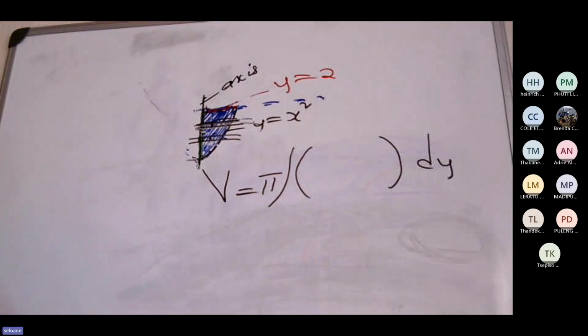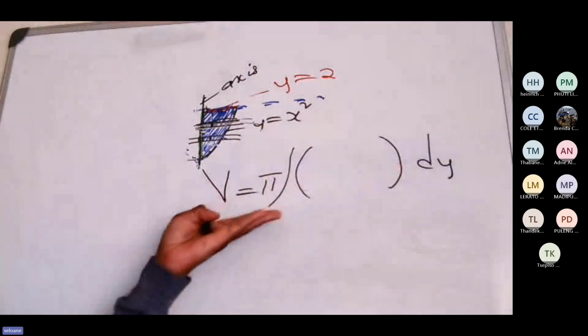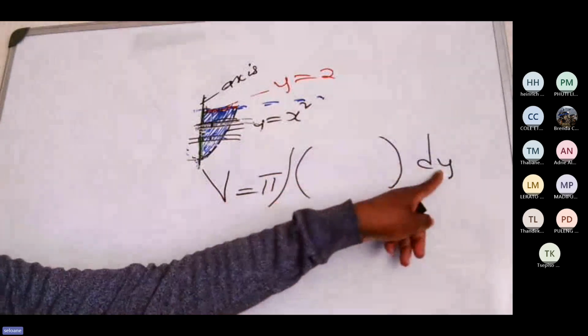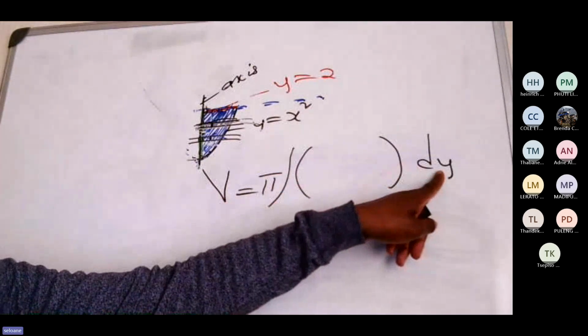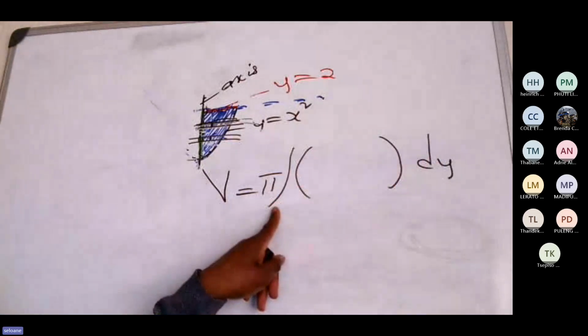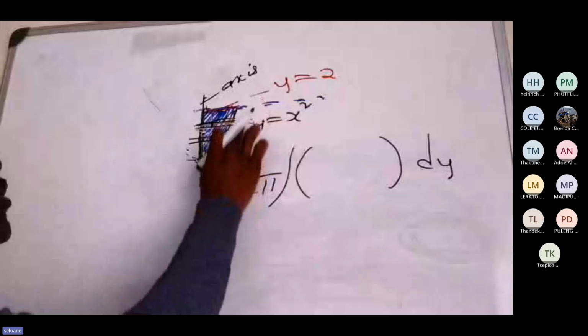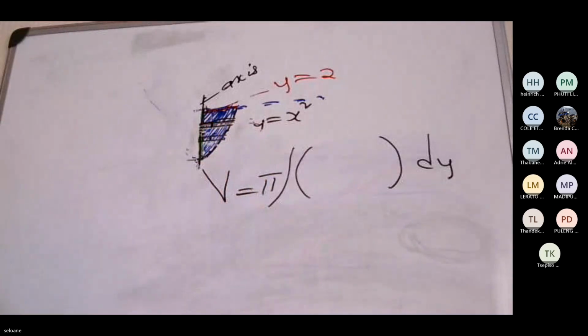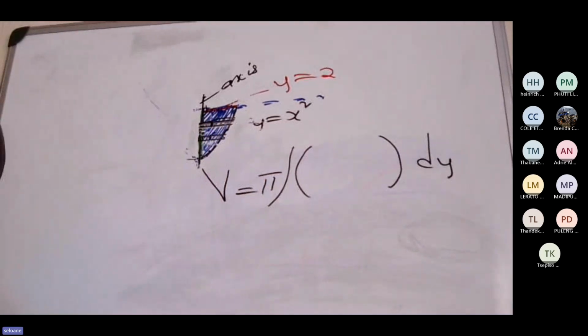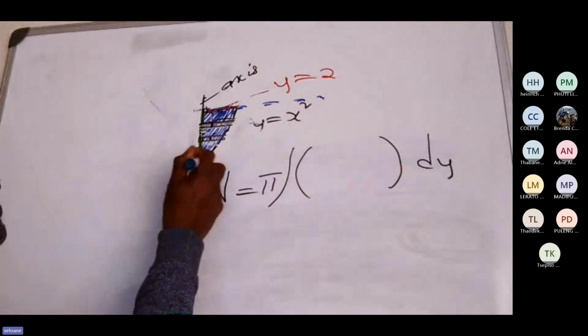Then from there, what now? It means everything here must be in terms of y, because this is dy. Therefore, you now plug in your limits. You say, okay, this region that I'm spinning runs from where y is how much up to where y is how much? It runs from where y is 0.